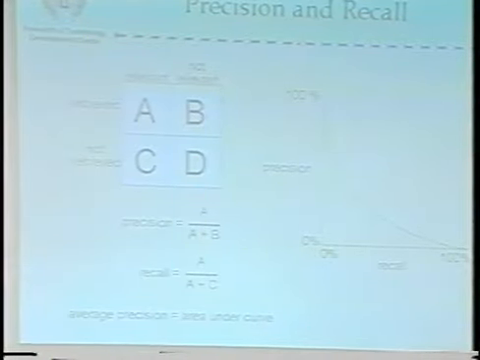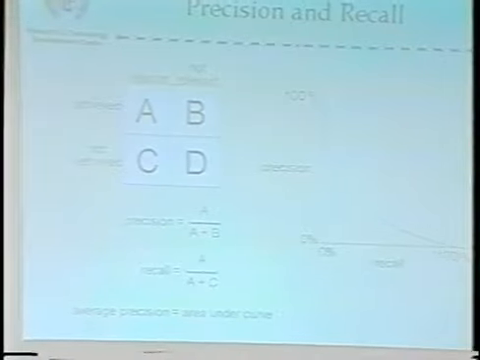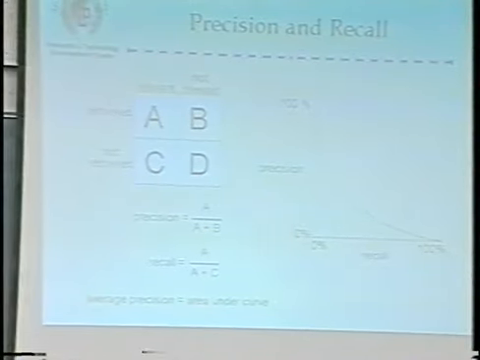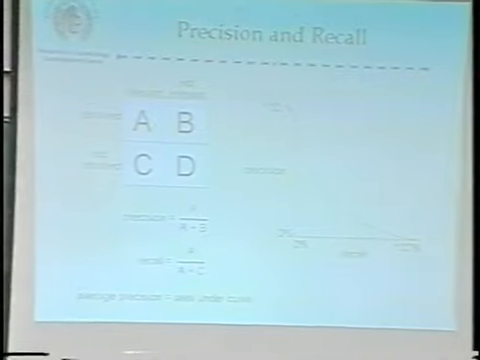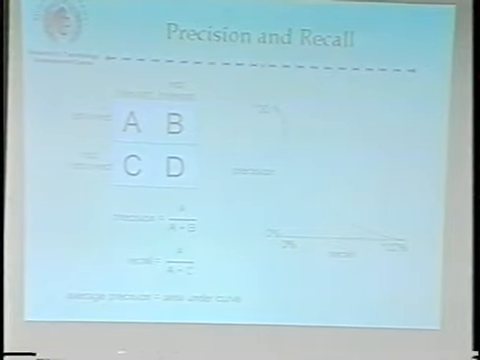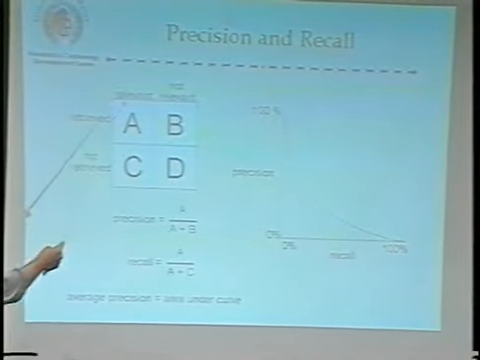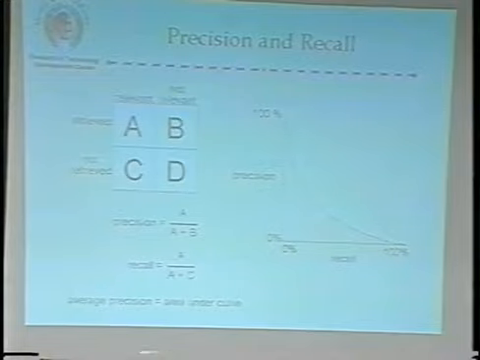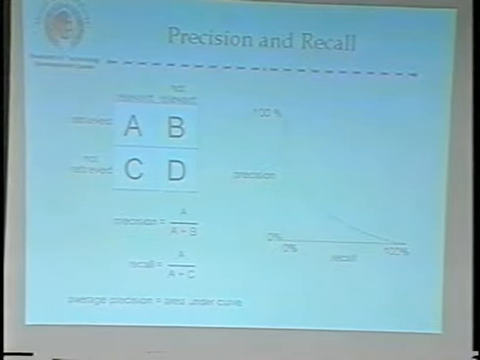There are two notions that are used in information retrieval called precision and recall. There are lots of names for these in different fields. Some people call them type 1 and type 2 errors. ROC curves is another one for this kind of curve.